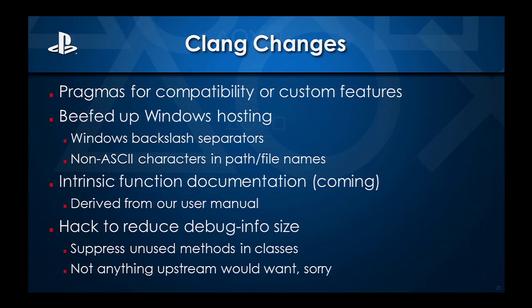But it reduced debug info size by at least 60%, so it was definitely worthwhile. I'm hoping that we can throw that away and replace it with type units now that type units are in. But being contrary to the spirit of the DWARF spec, it's not something that we can put upstream.